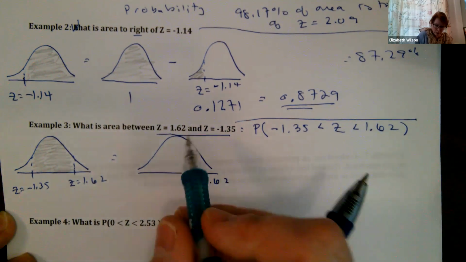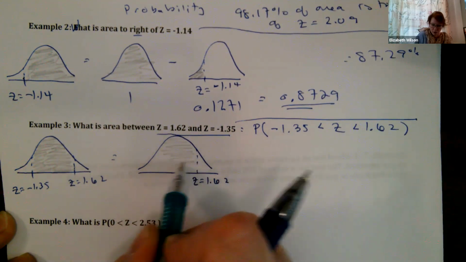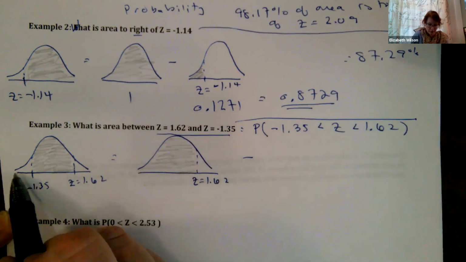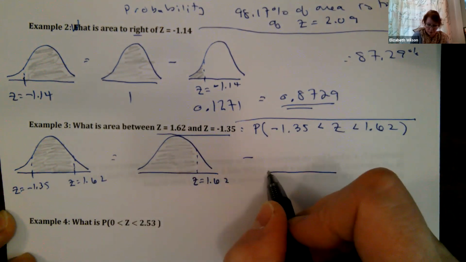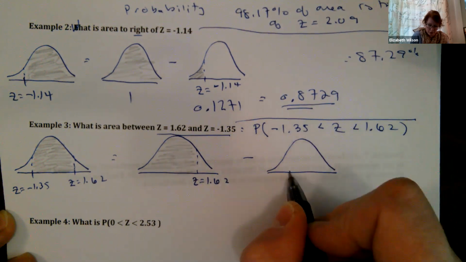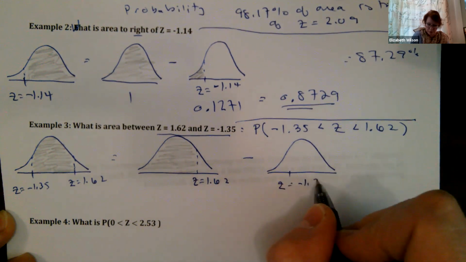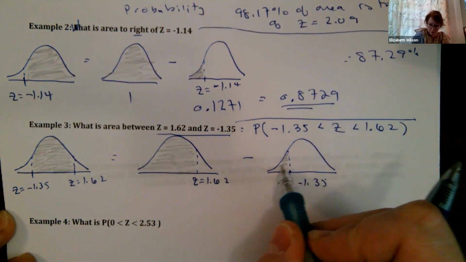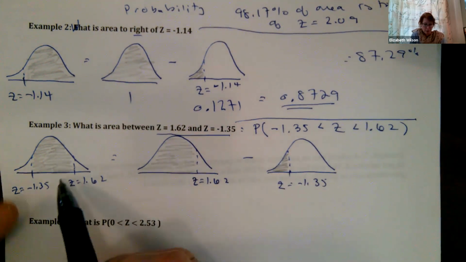I'm reading the table, and the table is always areas to the left. And I'm going to subtract out the area to the left of z equals minus 1.35, right? And that's going to give me the area between these two.